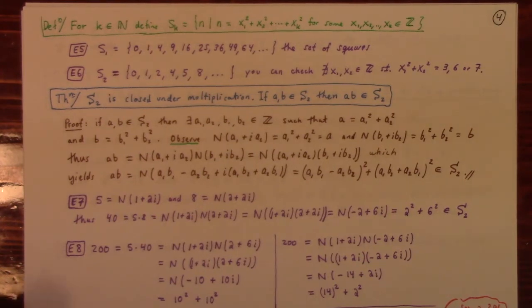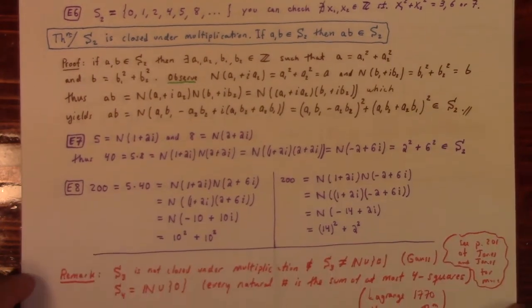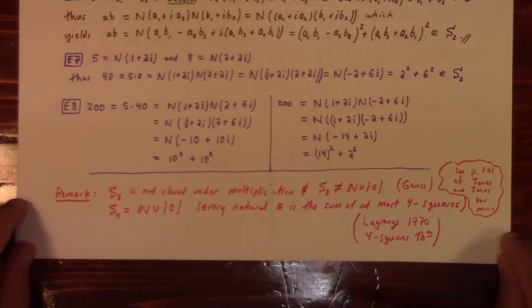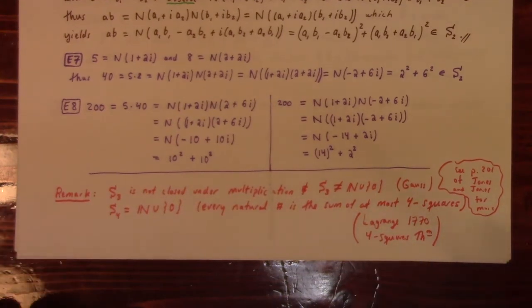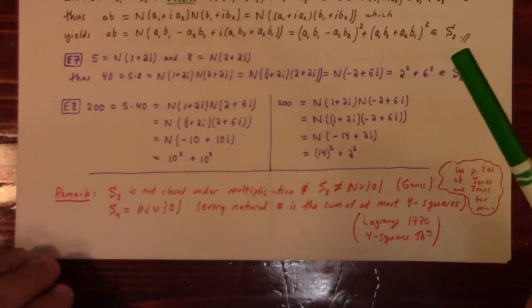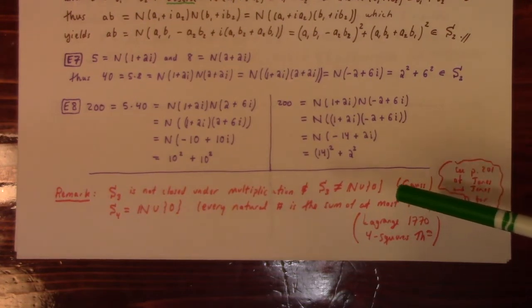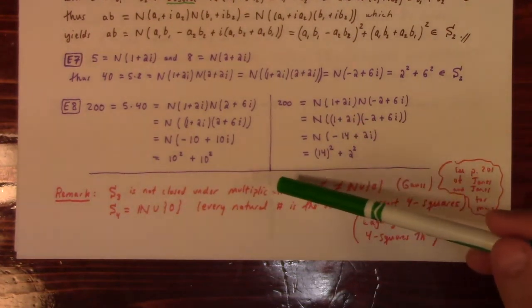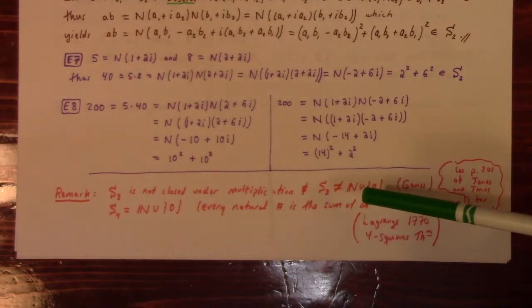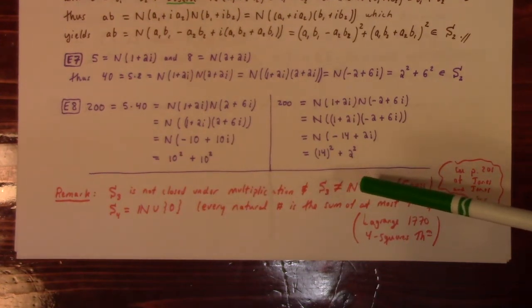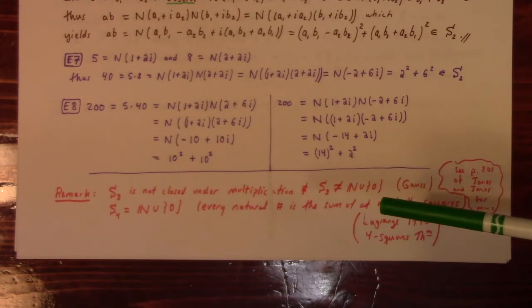Anyway, some further comments here. This is from page 201 of Jones and Jones. They have a little section on S3, sums of squares of three numbers, and that's a little bit harder. In particular, it's not closed under multiplication. So S3 is not anything too nice.